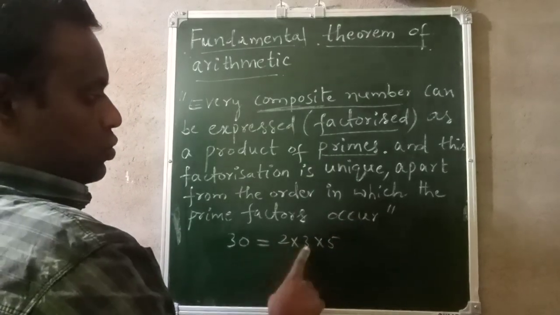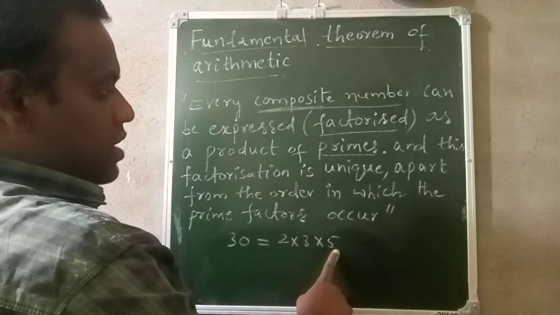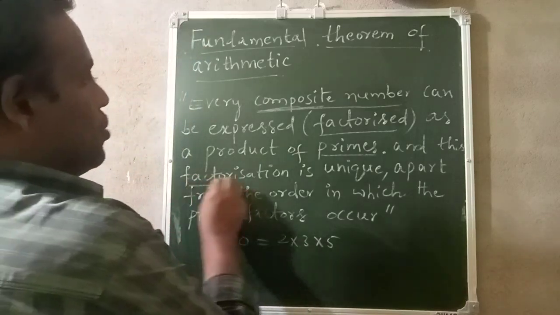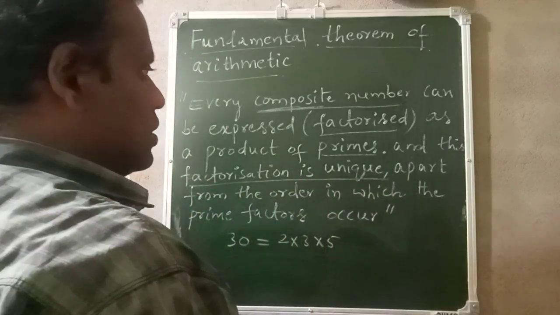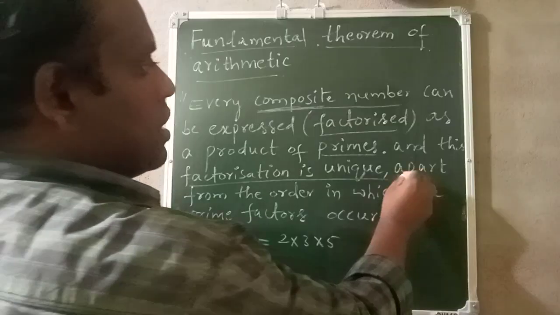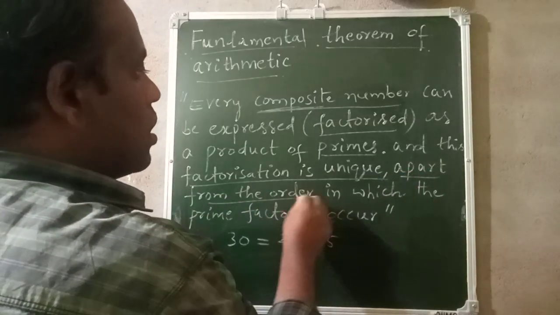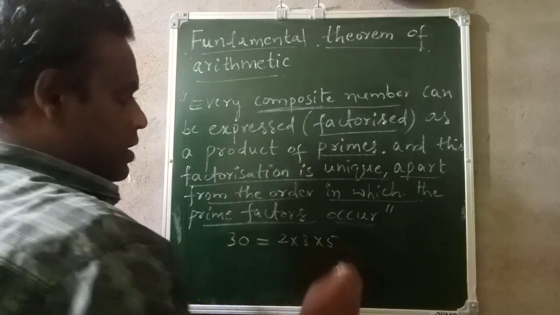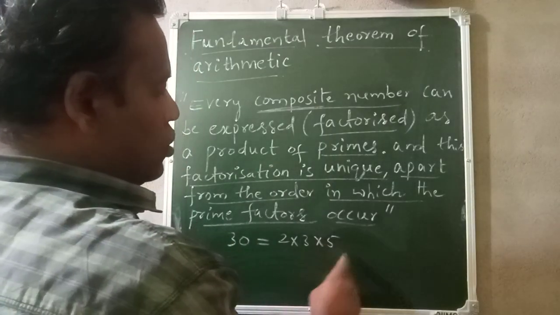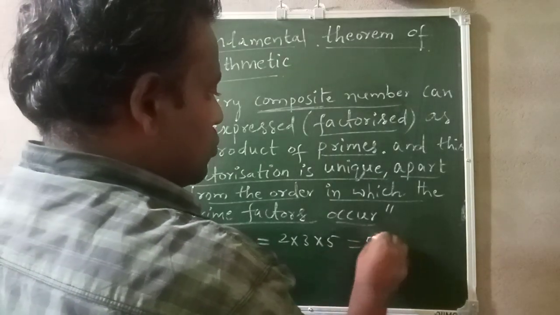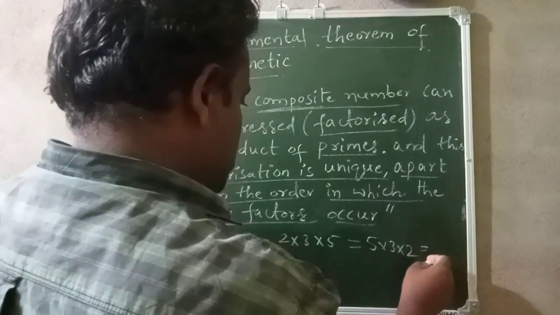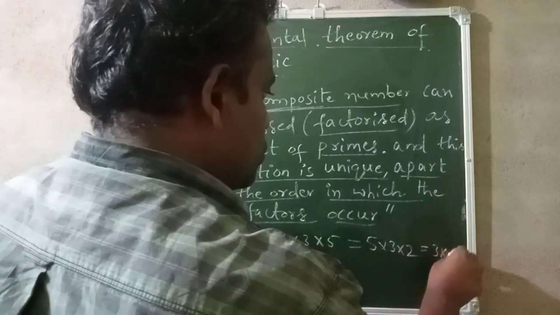Correct. 2 threes are 6, 6 fives are 30. Now they are telling factorization is unique, and one more sentence is there: apart from the order in which the prime factors occur. That means 2 into 3 into 5 can be written like this, 5 into 3 into 2, and this can be written like this also, 3 into 2 into 5.